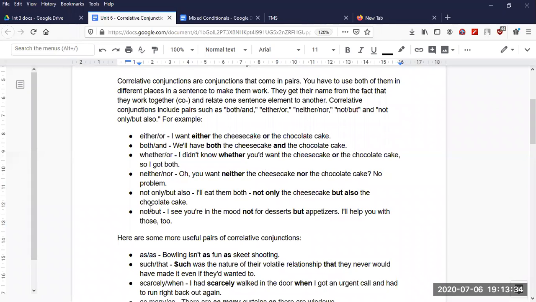I don't think it is. This is quite a formal way of making a statement. So I see you're not in the mood for desserts. It's just the same as saying, I see that you're not in the mood. It's just a different way of expressing that. But this is pretty formal and we won't see this in the platform.